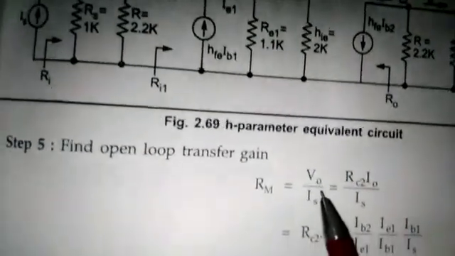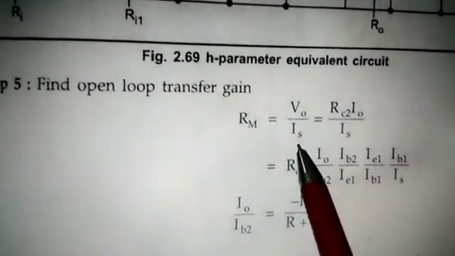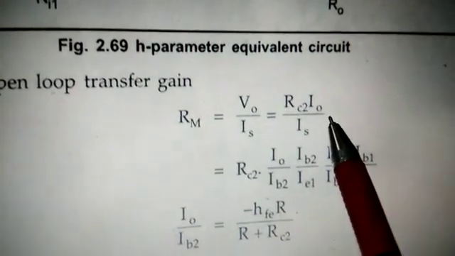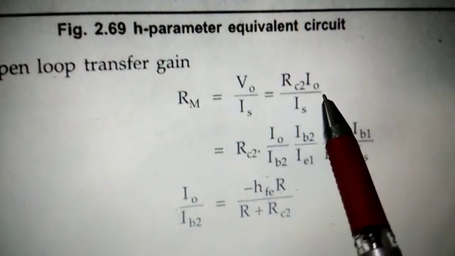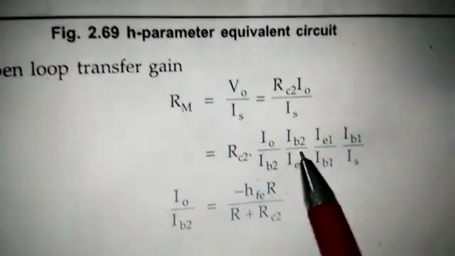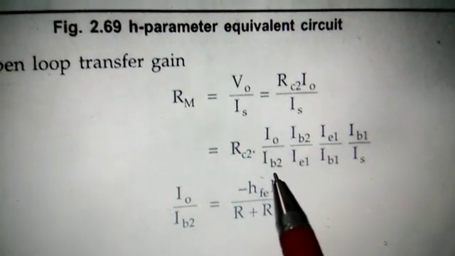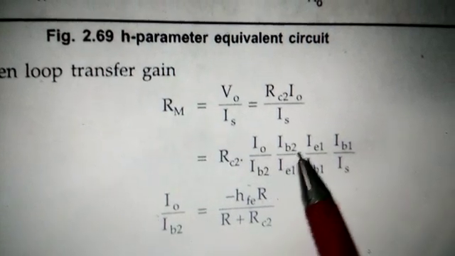RM is equal to V0 by IS, output voltage upon input current, and this is equal to RC2 into I0 upon IS. Now this I0 upon IS can be categorized into four terms. I0 upon IB2, that is output of the second transistor and input of the second transistor.